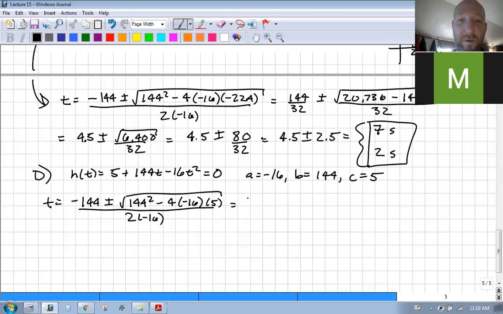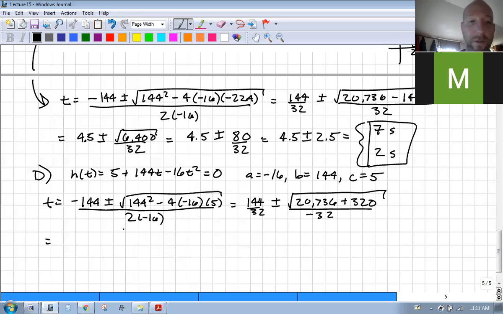Okay, so we got 144 over 32 again, plus or minus. 144 squared was 20,736. Minus minus gives us a plus. Okay. 4 times 16 times 5 is 320 this time. So 144 over 32 was 4.5.